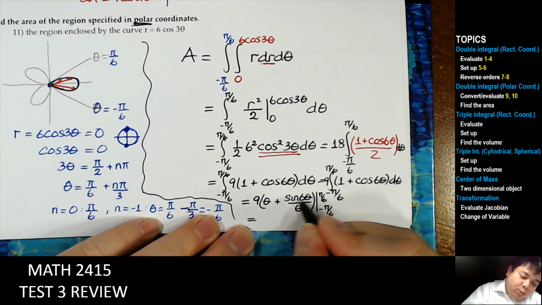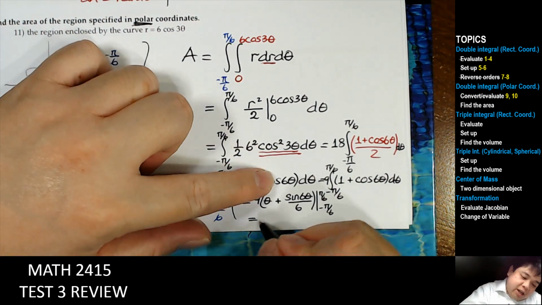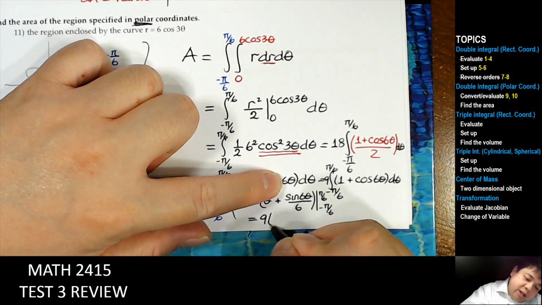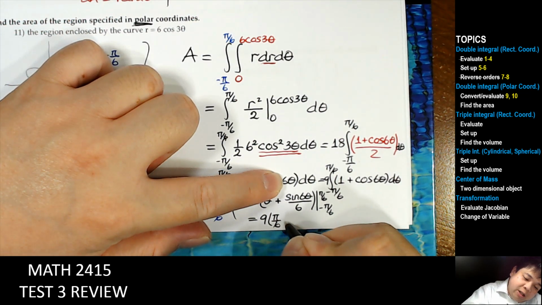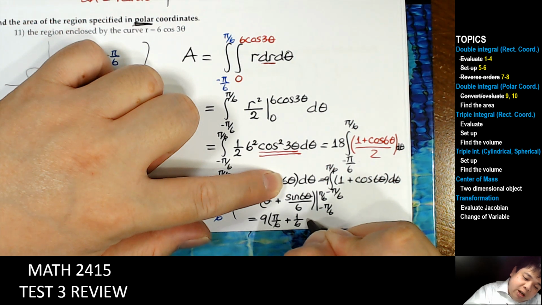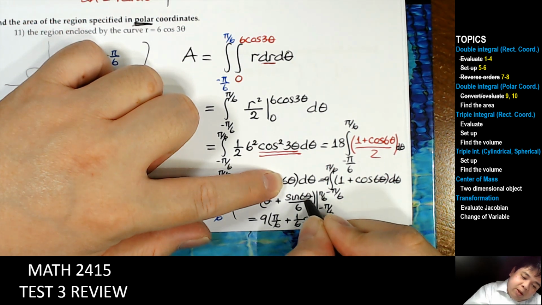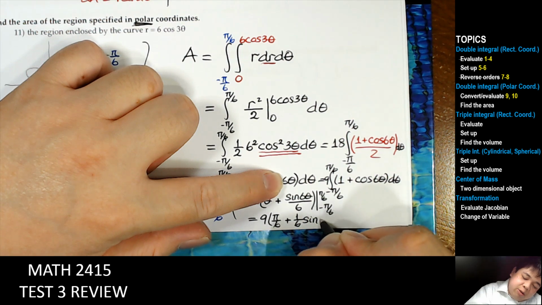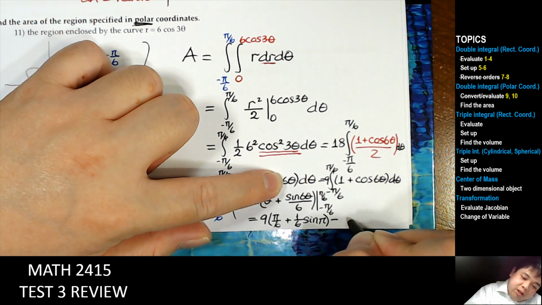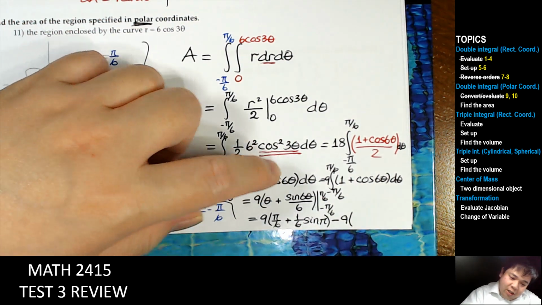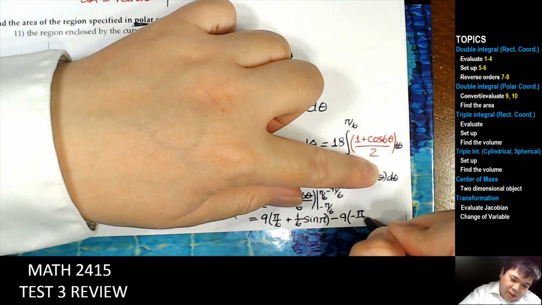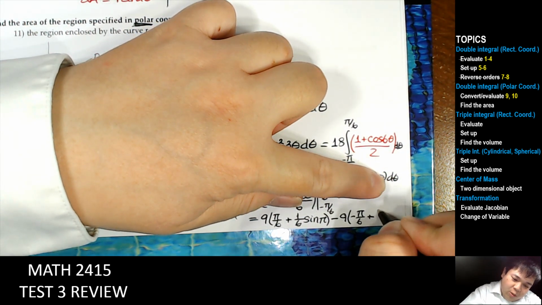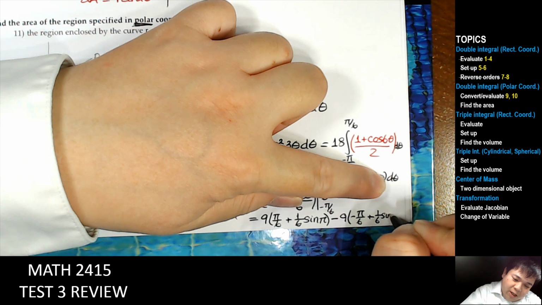Next, we're going to put pi over 6 and negative pi over 6. So we're going 9 times pi over 6 plus 1 over 6 sine of 6 times pi over 6, cancel out, so that's sine pi, minus 9 times negative pi over 6 plus 1/6 sine of negative pi.